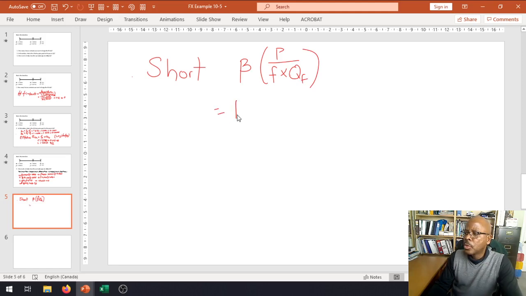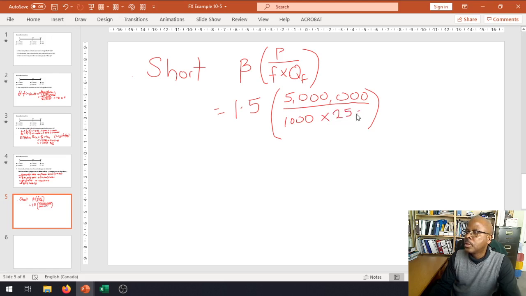So this is 1.5, that's our beta. The portfolio is 5 million. Then divided by the current futures price for the S&P 500, which is 1,000. And what we just saw is that the contract size is 250.